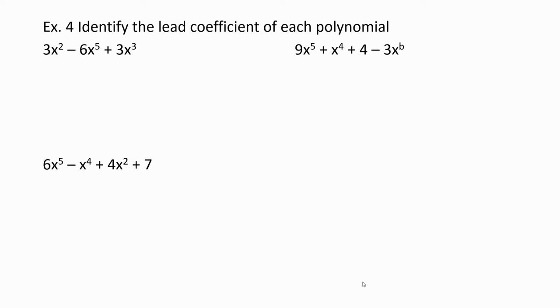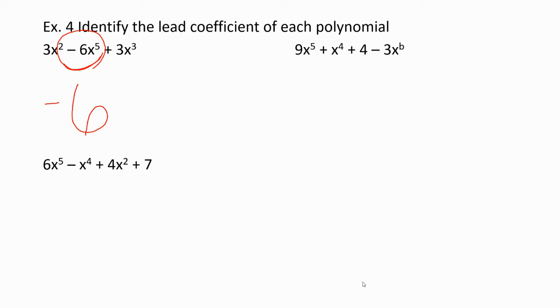Okay, last example. Identify the lead coefficient. In order to get the lead coefficient, it just needs to be the coefficient of the variable of the term with the largest exponent. So when we look here, this term has the largest exponent of 5, so that would be the first term. So your leading coefficient is negative 6.